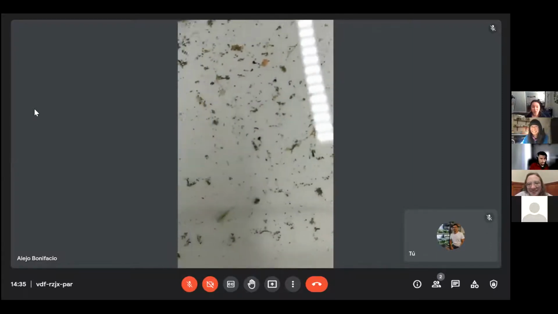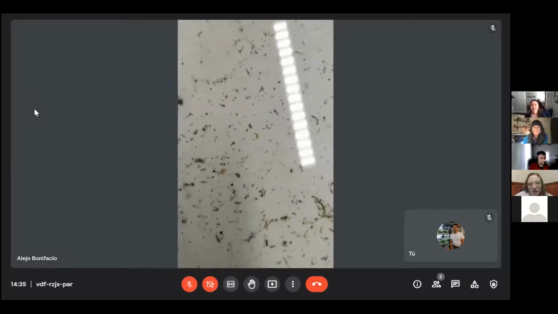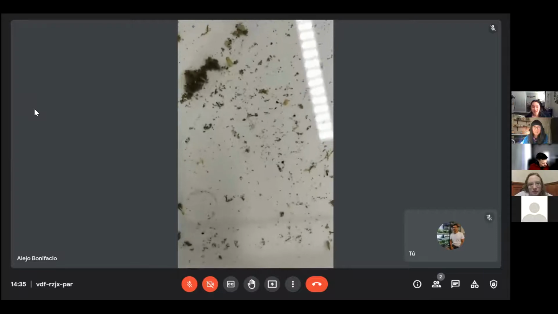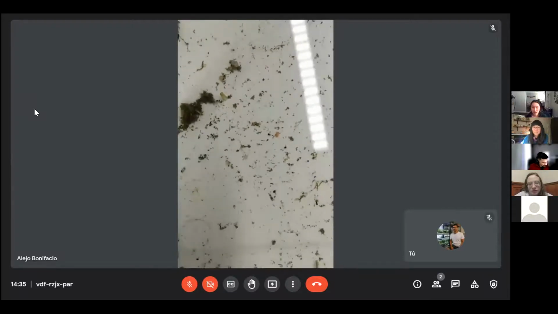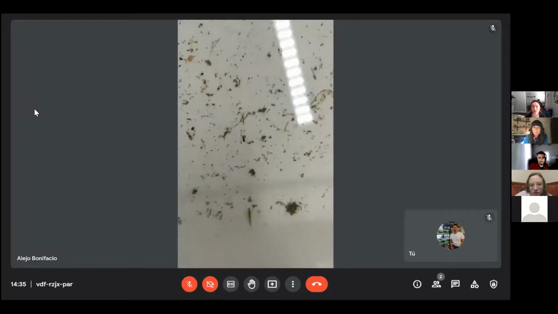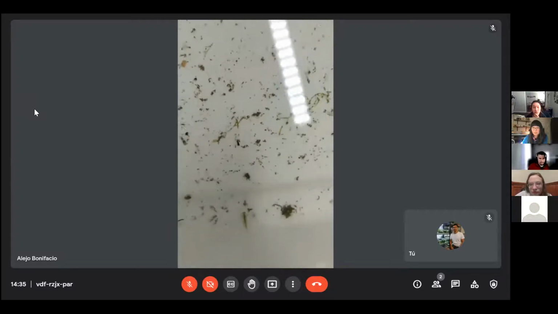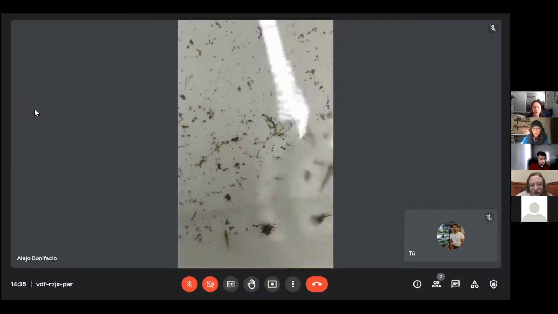They go away. They have six legs, and they are almost all the time on the bottom. But then sometimes they swim very, very fast, like when you touch it.